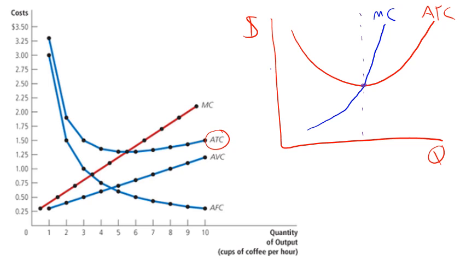To the left of the minimum point, marginal cost is less than average total cost. Whenever marginal cost is less than average total cost, an increase in output will make average total cost go down.